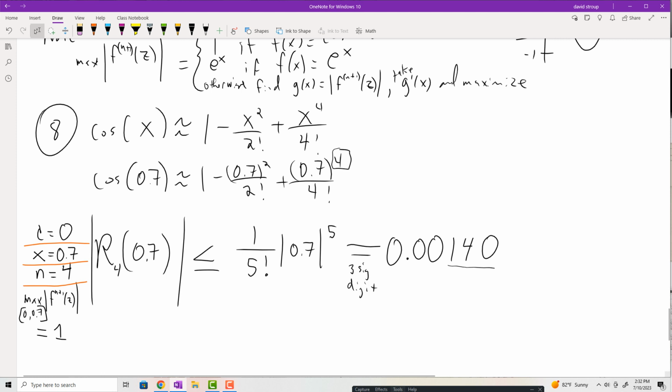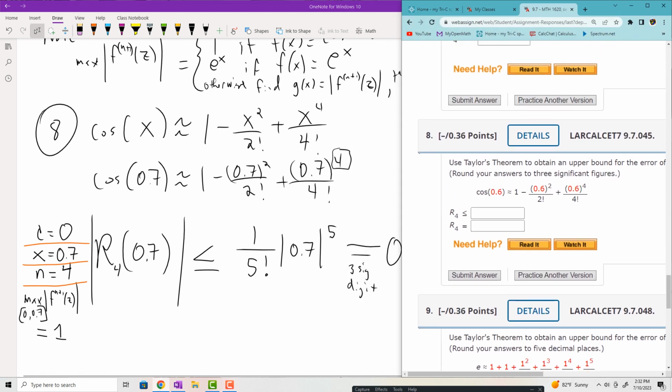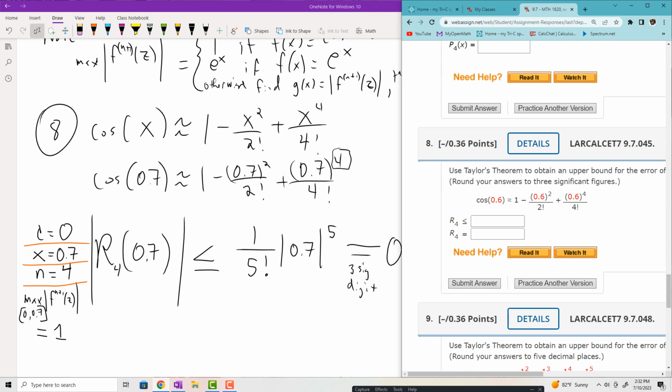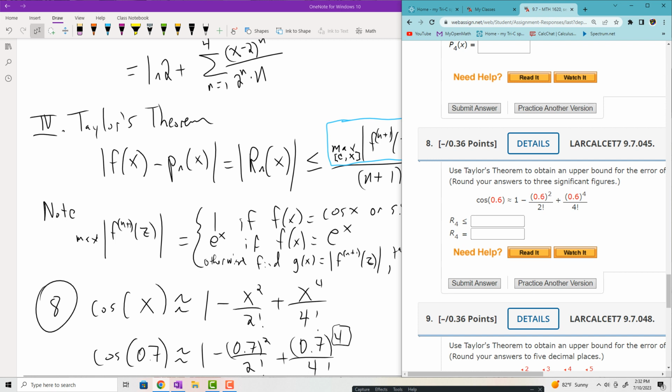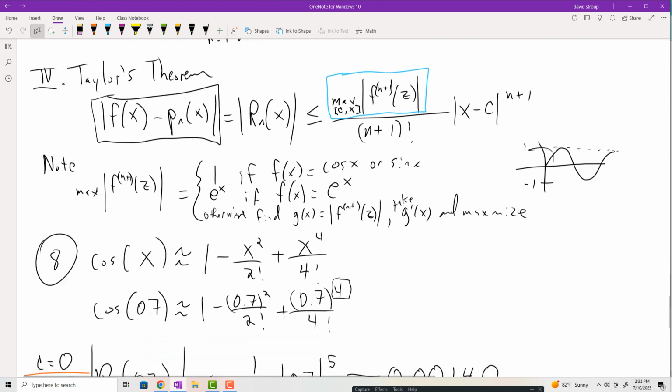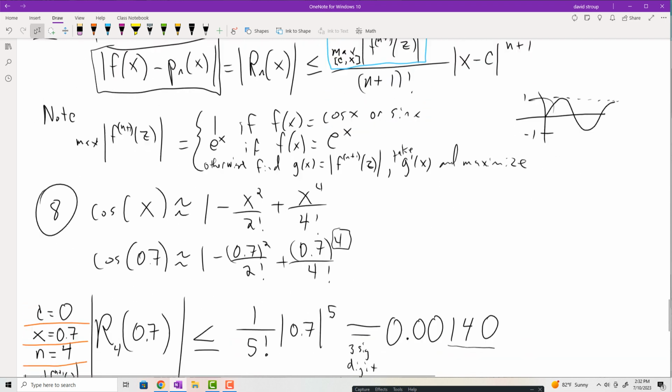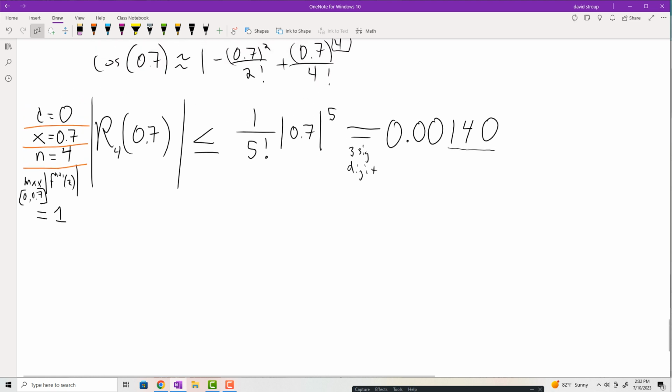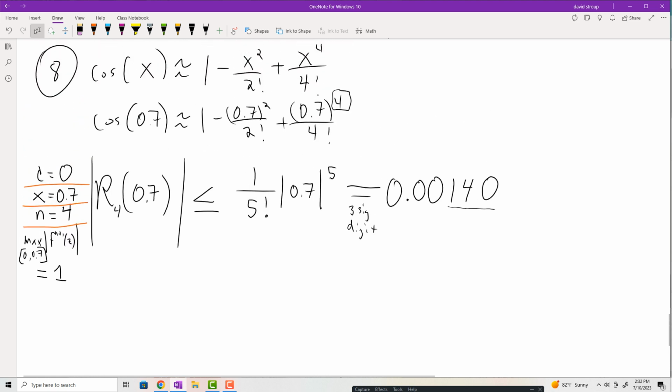And then they want you to actually, so in this next part, which is all, these problems aren't written very well, what exactly is R sub 4? Okay, and that's just going back to this definition. It is the difference between the polynomial evaluated there and the function evaluated there. So we don't want to put the 1 over 5 factorial thing. That's just an upper bound for the remainder.